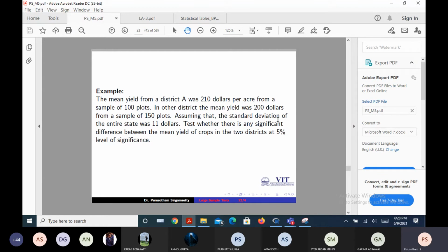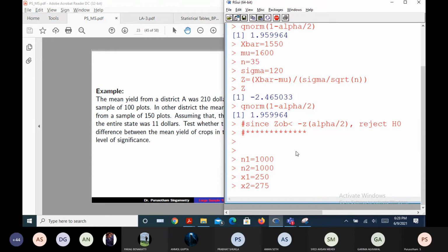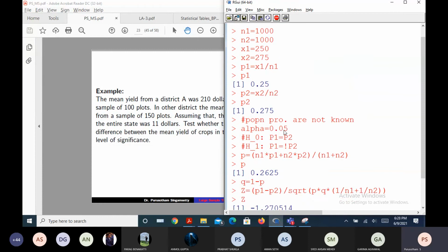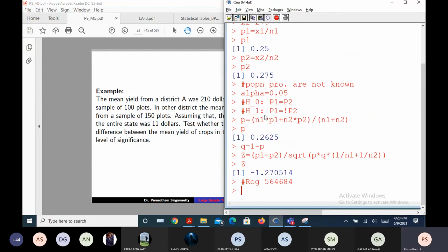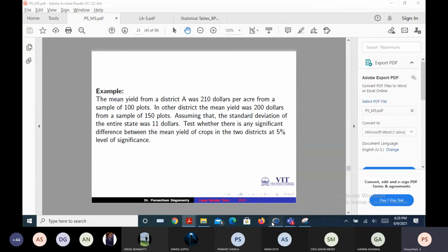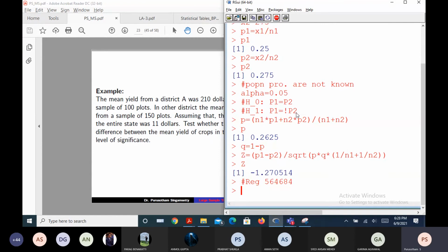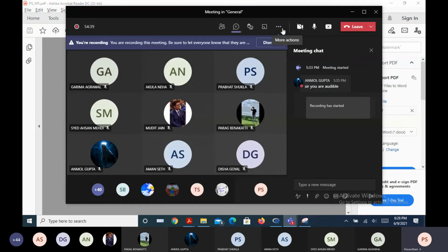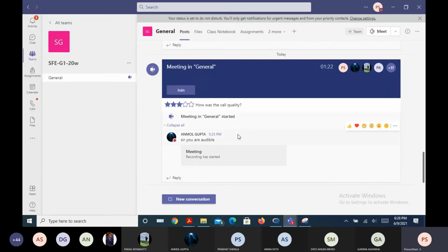How I have done here, adding by commenting, right? I've done something here. All these things, likewise, using R program, you answer this now. And in parallel, I will start creating one assignment link for all of you. Let me see how many of you are going to upload now.